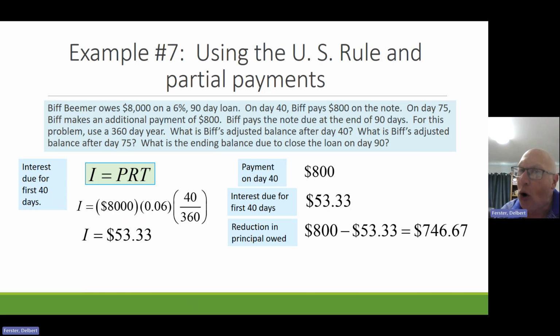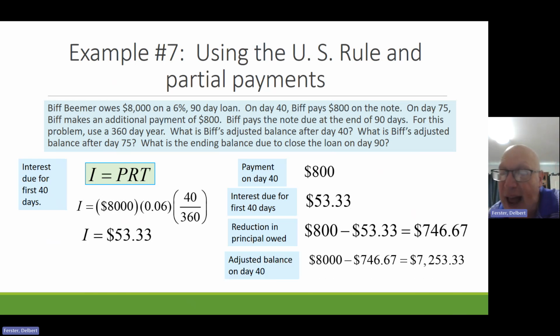So he no longer owes $8,000. The amount he owes has been diminished by $746.67. So his new balance as of that first payment on day 40 is $7,253.33. And you see all that we did there was subtract our 746.67 from the 8,000.